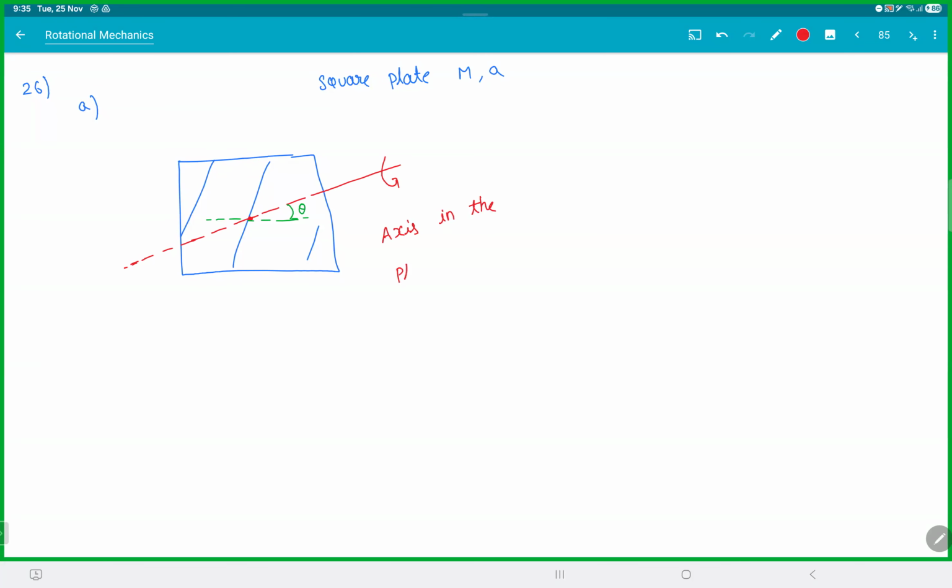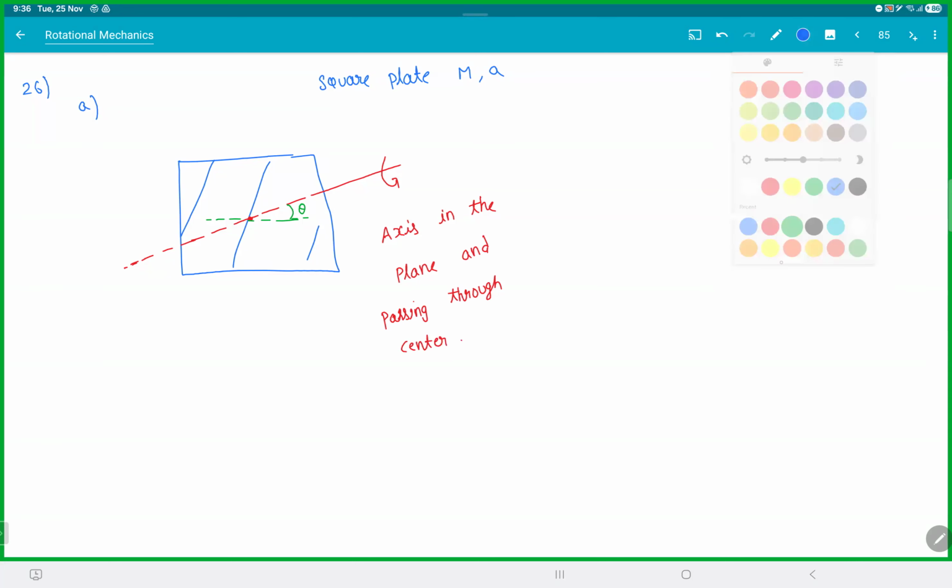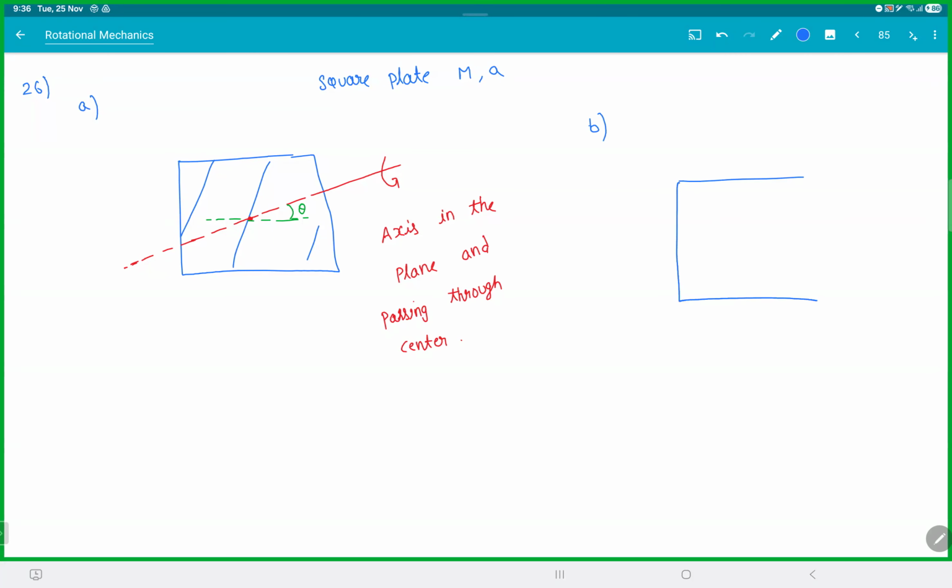Find the moment of inertia. Same thing, axis in the plane, but this time it makes an angle of 15 degrees. Let's get both of them.